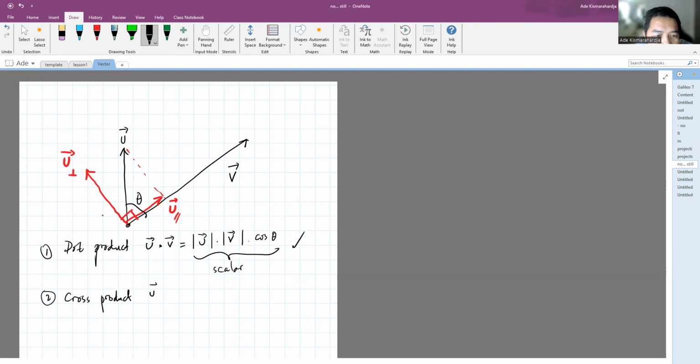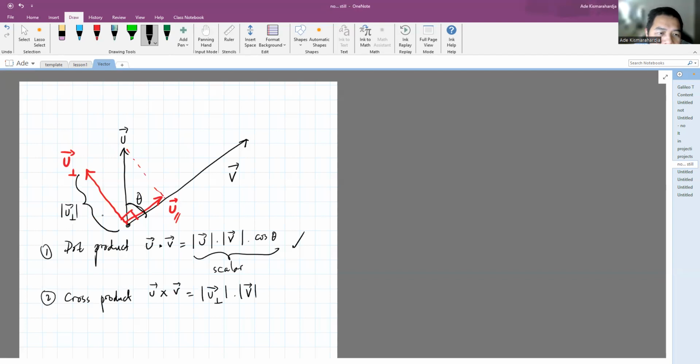So this is now U cross V. Essentially, this is the multiplication between the perpendicular components. So in this case, we have the magnitude of U perpendicular times the magnitude of V. So what is the magnitude of this perpendicular vector?